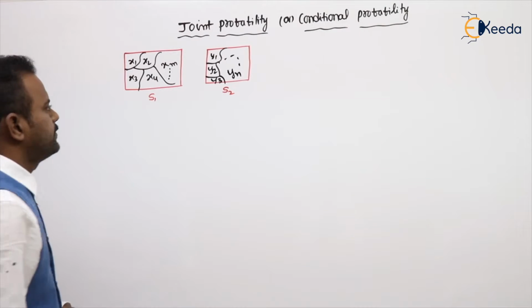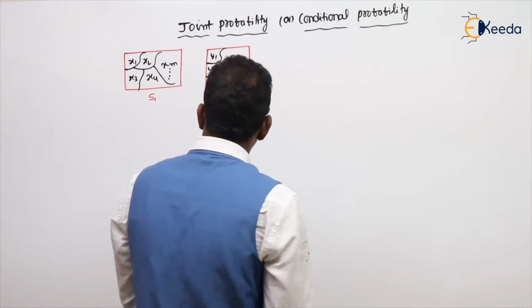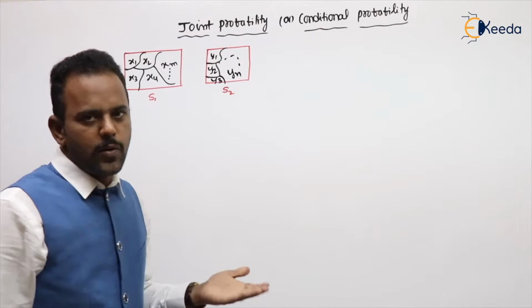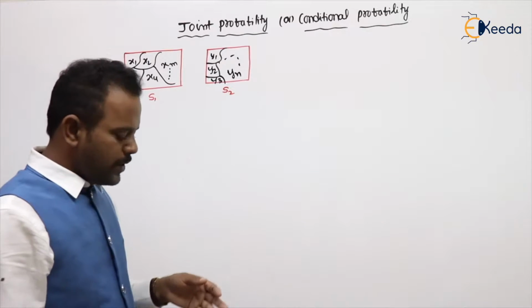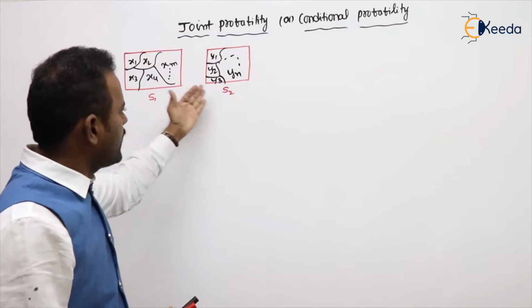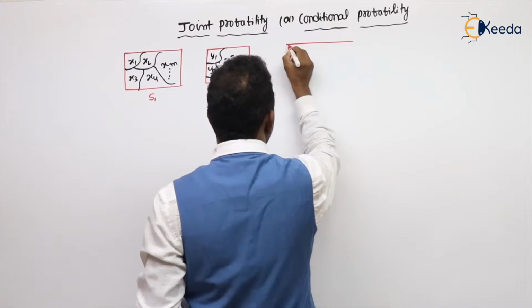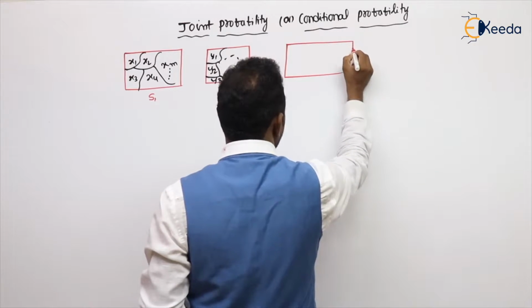Now, if we discuss them separately, the transmitter and the receiver, we call it one-dimensional probability. But what I am discussing now is the combined probability, or the joint probability.